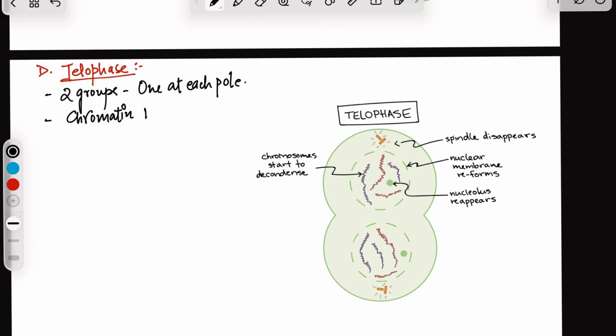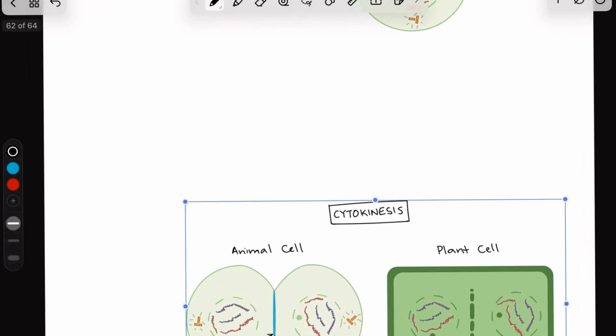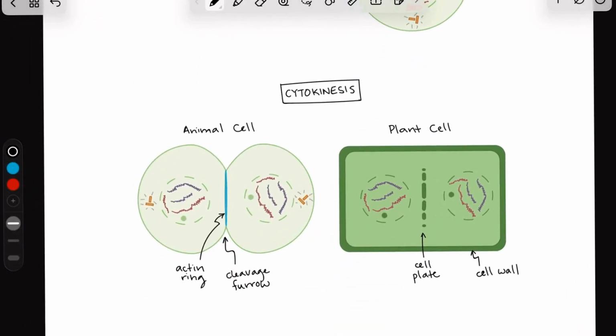The chromatin net is formed in this stage. The nuclear envelope and nucleolus both reappear around each group. By the end of telophase, you can see two daughter nuclei are formed. Here, spindle fibers and astral rays also disappear. You can see it in the diagram.